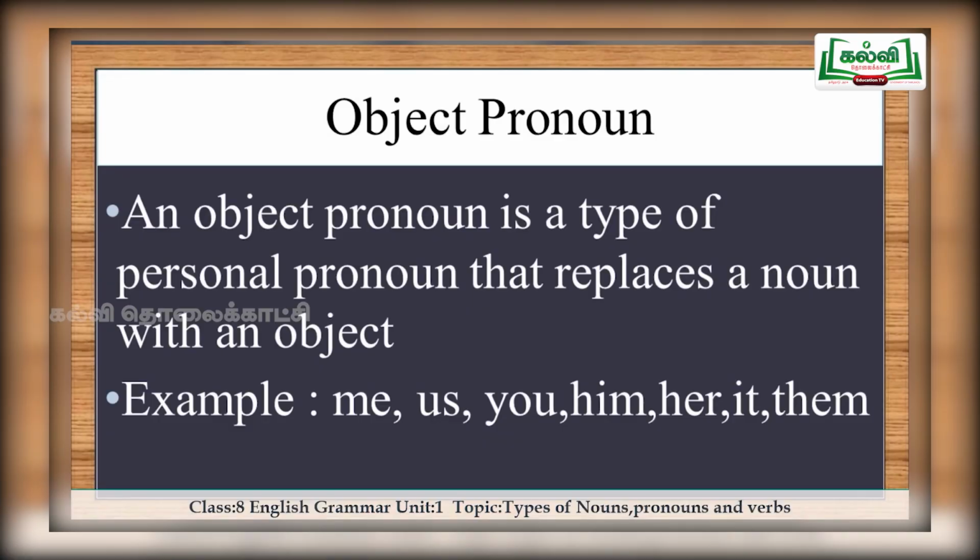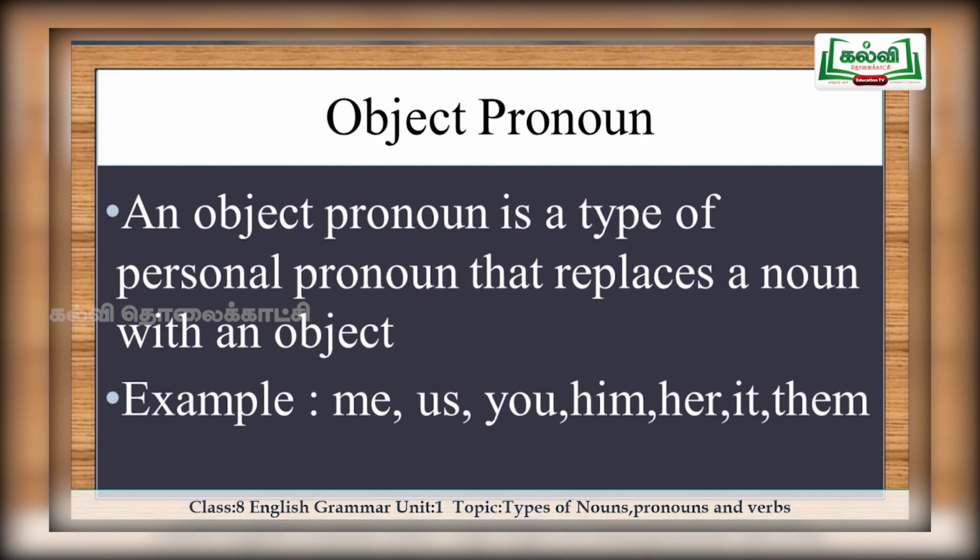Object pronoun, let's check the expansion of that. An object pronoun is a type of personal pronoun that replaces a noun that is an object. So you can understand that it replaces a noun that is an object. Let's check some examples like me, us, you, him, her, it and them.